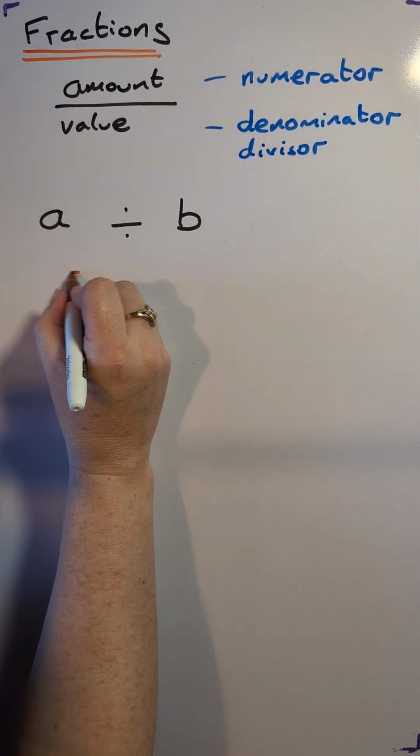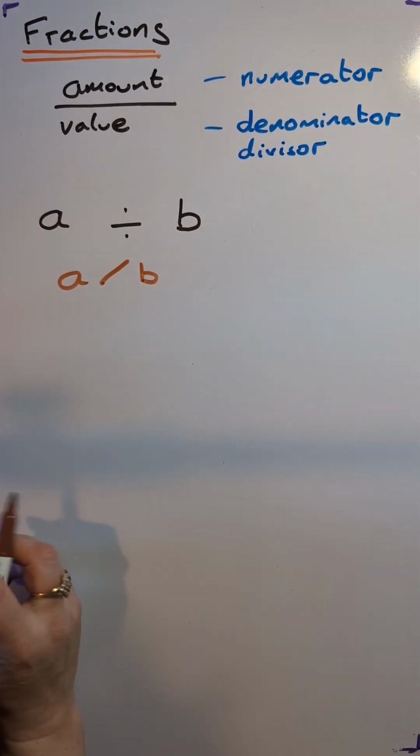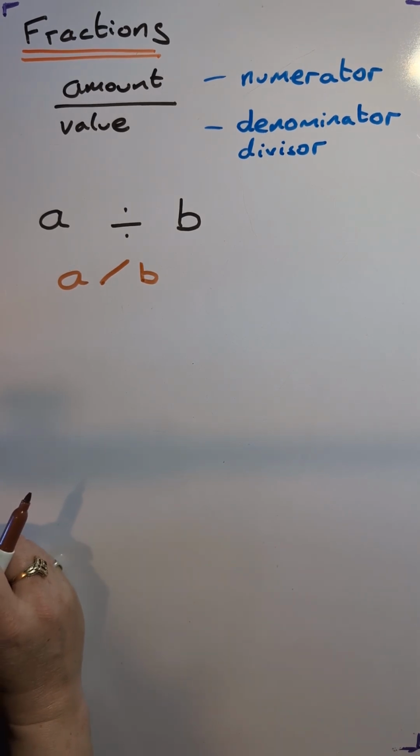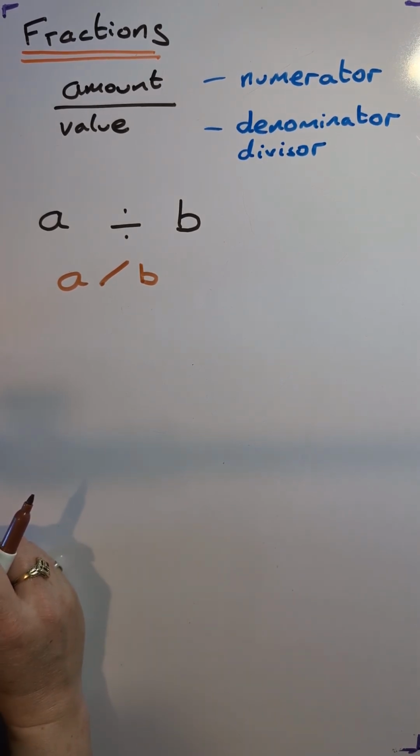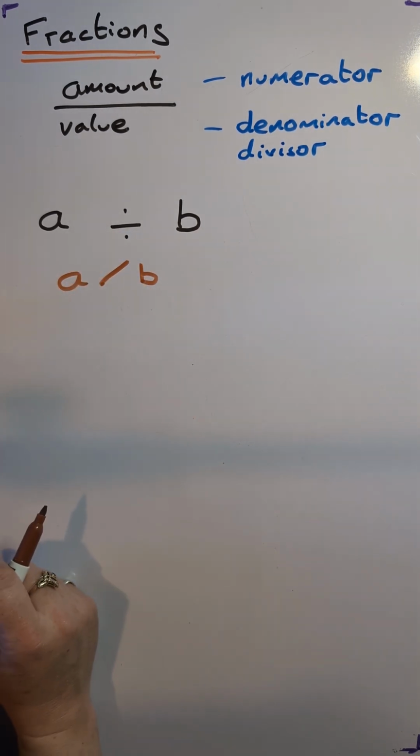So we'll sometimes see it written as A divided by B, like that. That will generally show up in Word documents rather than anything that you would see in a textbook or on an exam though, just because the divide symbol is not an easy one to find in your standard keyboard.